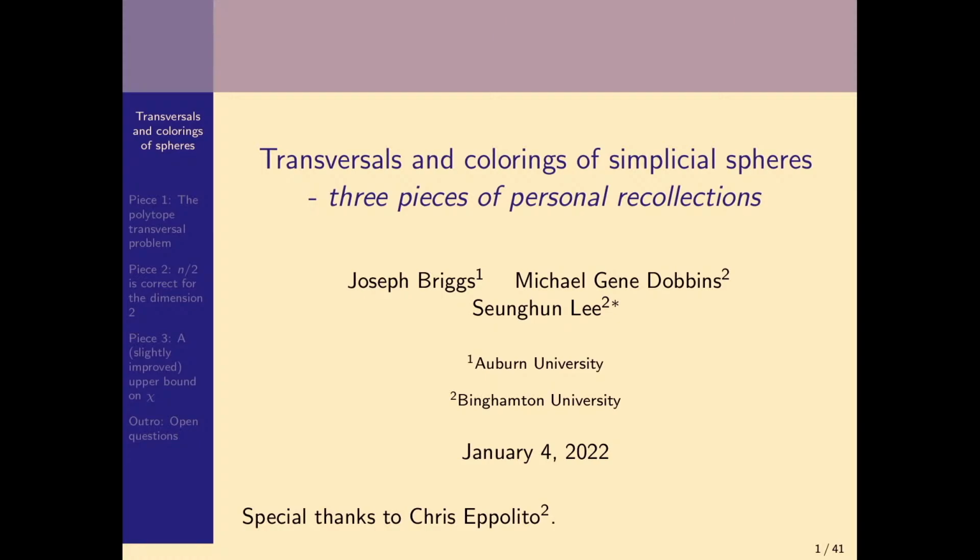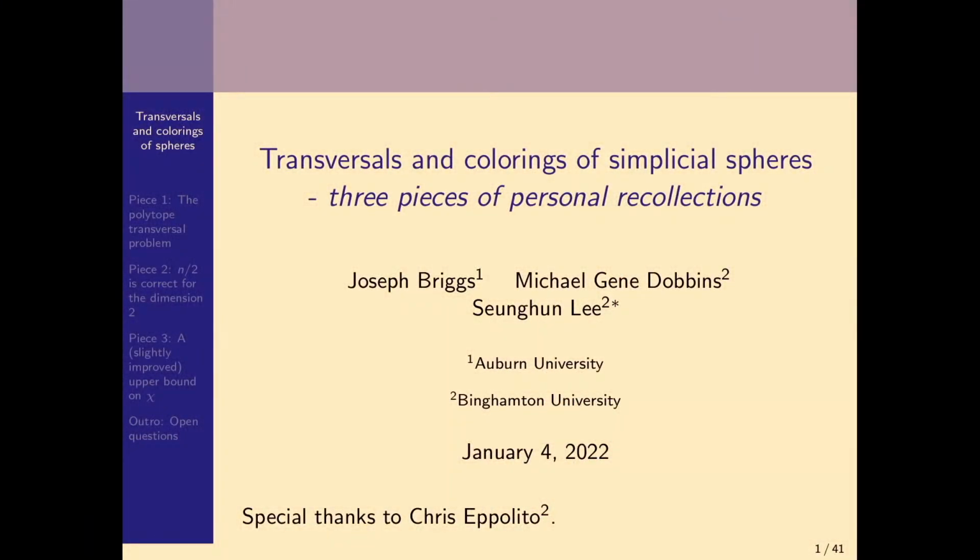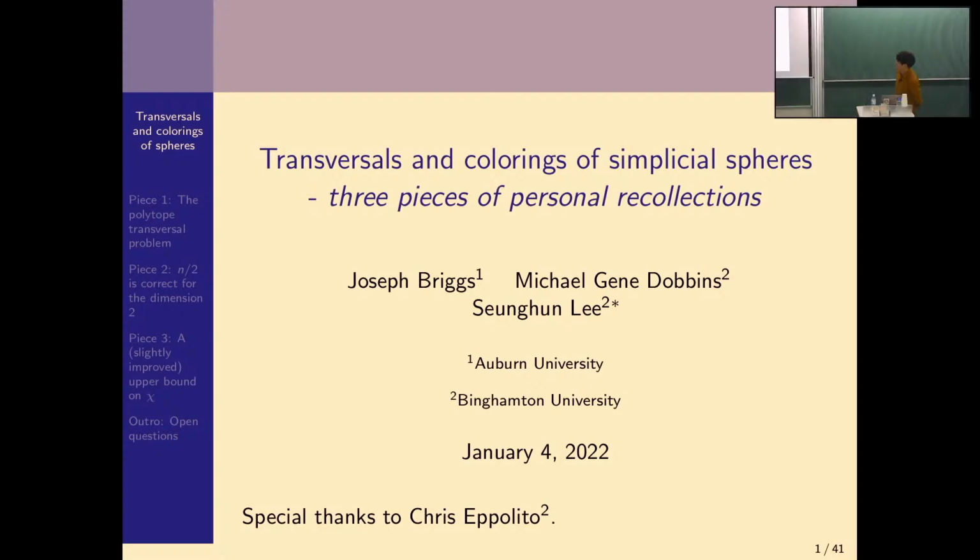One person is Joseph Briggs, now an assistant professor at Auburn University, and I'm a postdoc at Binghamton University. Another is Chris Ippolito, a graduate student at Binghamton University. He's already a great expert in, I think, category theory and the algebraic side of combinatorics, and I get a lot of help from him.